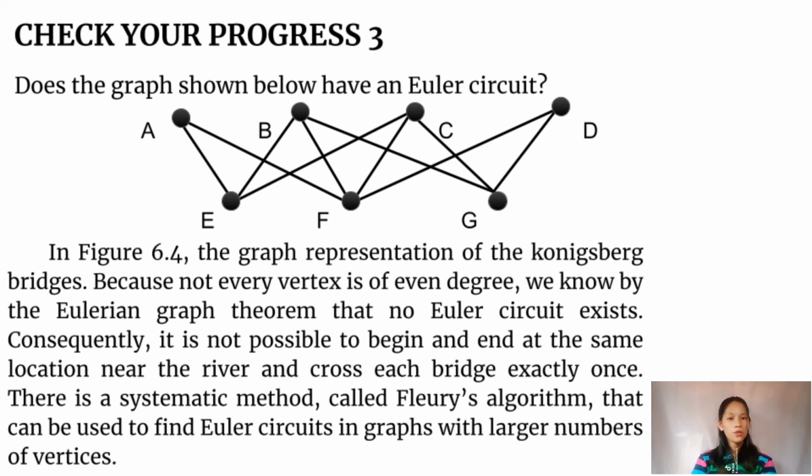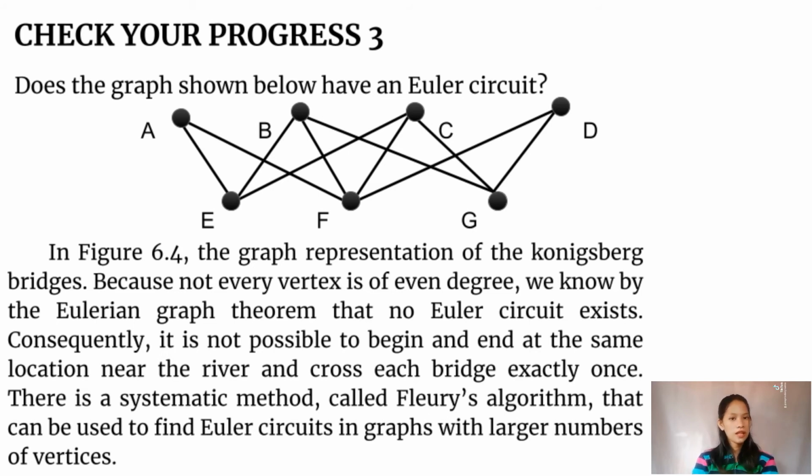In figure 6.4, the graph representation of the Königsberg bridges, not every vertex is of even degree. We know by the Eulerian graph theorem that no Euler circuit exists.